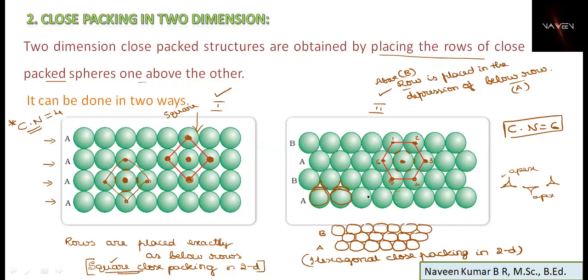Placing the rows in the depressions created by the below rows will form hexagonal close packing. Now these are the two ways of obtaining the two-dimensional structure. One is square close packing in 2 dimensions, and another one is hexagonal close packing.